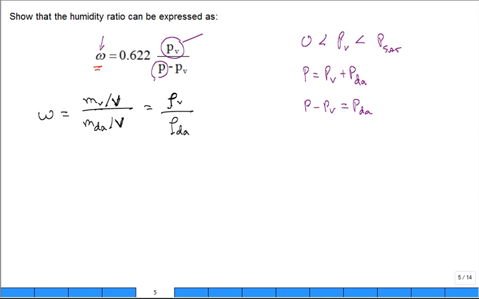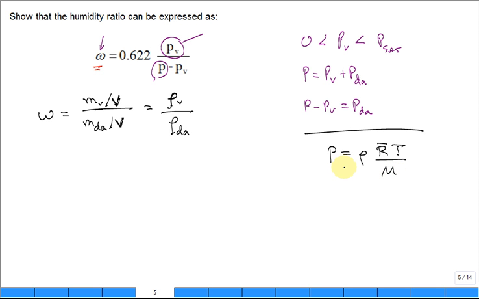So can I use the ideal gas equation for both the vapor and the dry air? Sure, they behave as ideal gases. And so the equation is P is equal to rho R bar T divided by whatever molar mass you have.